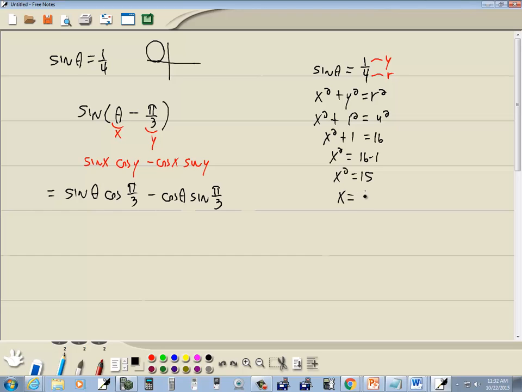Square root property says we drop off our squared and we put a plus or minus square root on the other side. In quadrant 2, the x values are negative, so x is equal to negative square root of 15. Now cosine theta is going to equal x over r, and x is negative square root of 15, and r was 4. So we now know what cosine theta is.